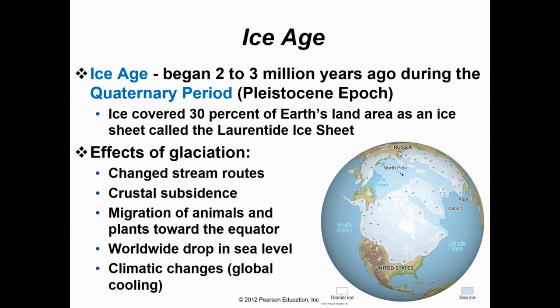So basically migrating south toward warmer climates. And then, of course, worldwide drop in sea level as a whole bunch of ice becomes entrained into this huge ice sheet.